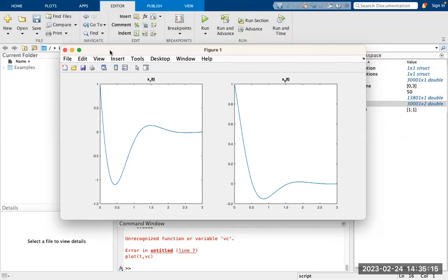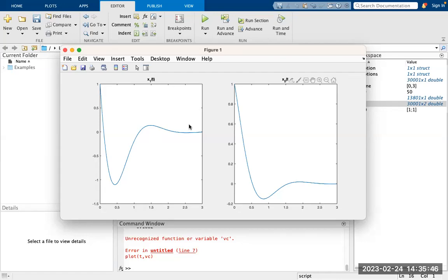It doesn't matter which ODE solver you use. Later on in the course, you're going to look at different models of the system, their controllers and everything. And this classification, stiff and non-stiff systems, is going to be very important to define which solver you're going to use.